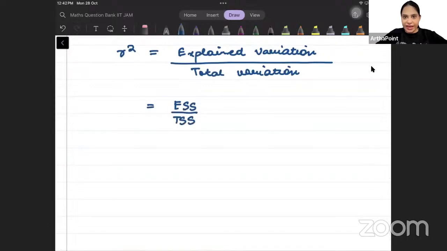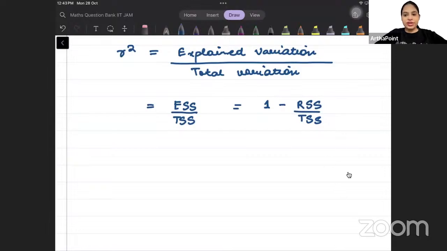I'm just helping you revise everything related to small r square. And if you remember, this could also have been written as 1 minus RSS by TSS. So these were the various ways in which we could write small r square: ESS by TSS, 1 minus RSS by TSS. This is what we had written. So this is the first part, the coefficient of determination.